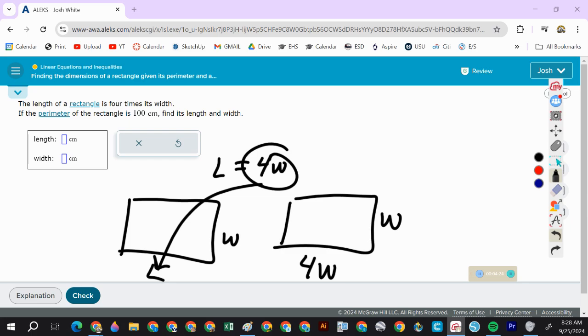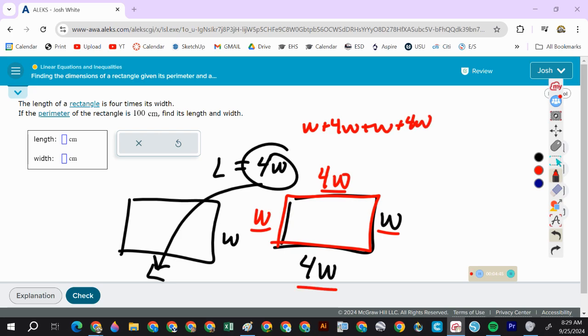So it says the perimeter is 100. So to travel all the way around this is 100. So this would be 4W and this would be W. So W plus 4W, this one plus this one plus this one plus this one is equal to 100. So W plus 4W is 5W plus W is 6W plus 4W is 10W equals 100.